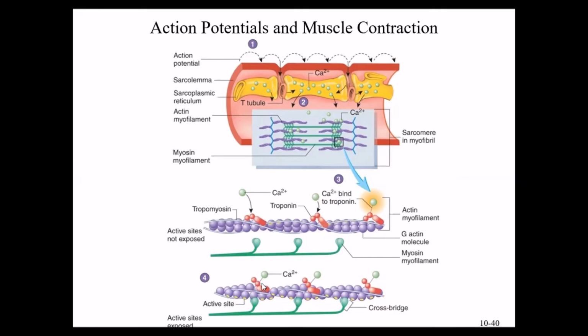See, it's changed shape a little bit. And when it does, it pulls away that string-like tropomyosin. When that happens, it exposes an active site on the actin molecule, and it allows the myosin protein, or the myosin myofilament, to bind to the actin. That's your cross bridge formation. You've got to have the calcium there to get the cross bridge formation to take place.